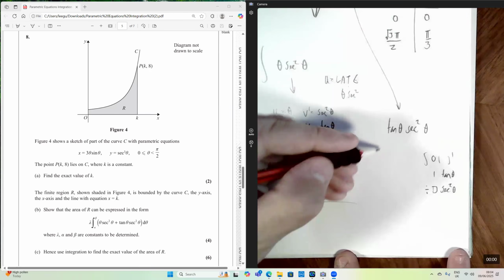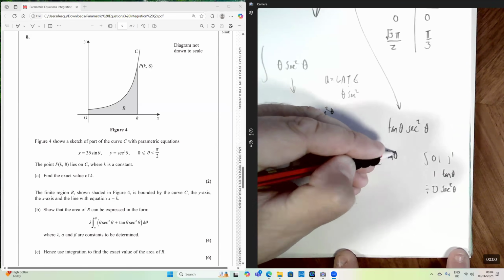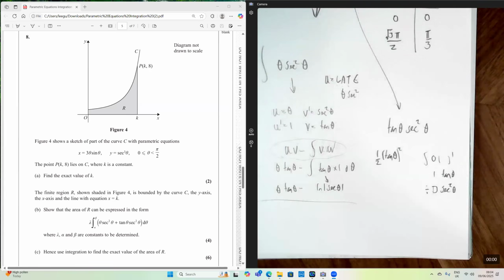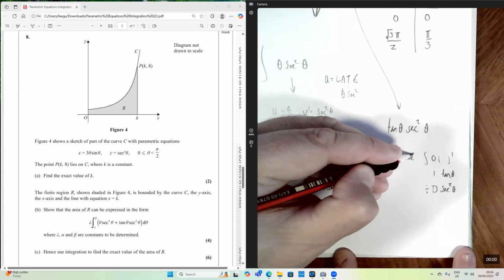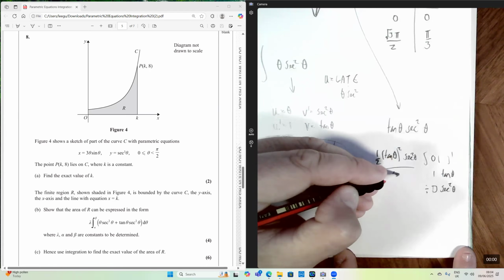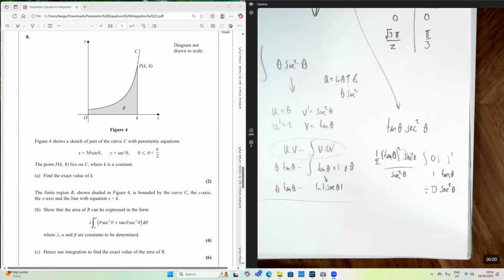So the tan would go to 1/2 tan squared theta, because I've raised the power by 1 and divided by the new power. And then I divide that by the derivative of the inner function. So the whole thing gets divided by sec squared. So that disappears. So when I integrate that, it goes to 1/2 tan squared theta.